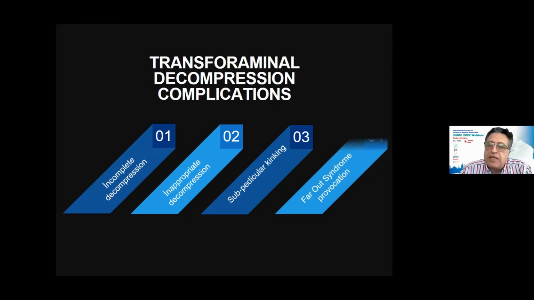And also we can aggravate far out syndrome, or we can provoke a dormant far out syndrome when we do a discectomy with this transforaminal decompression. It's a kind of complication that I've seen before.